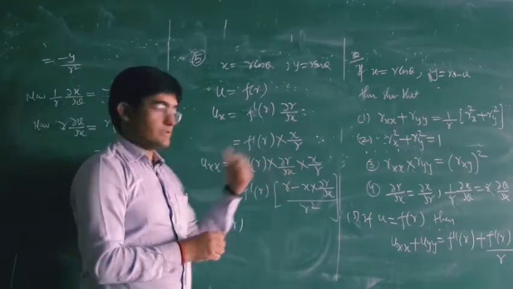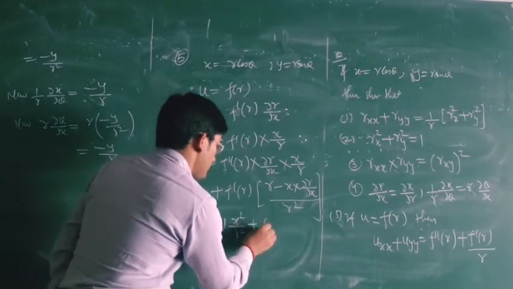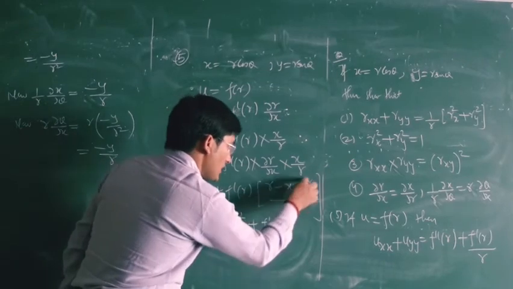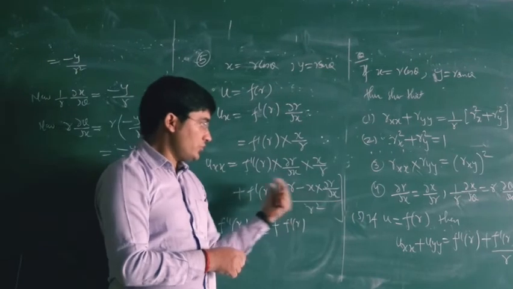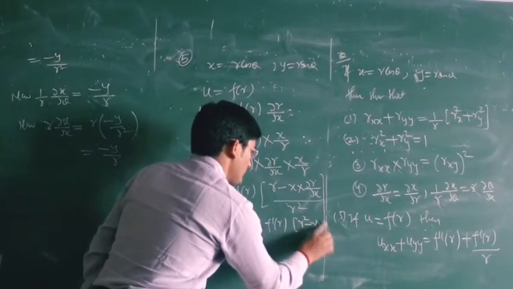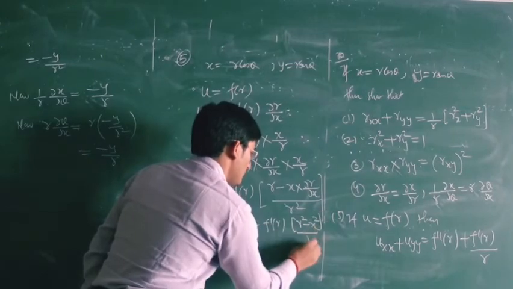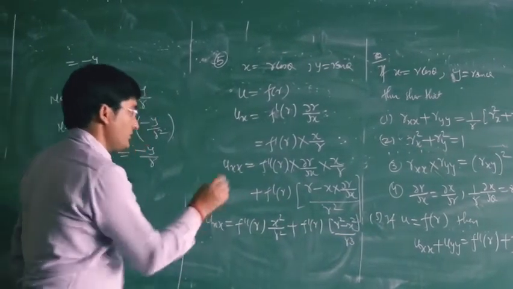Your del r upon del x is x upon r, so we have x square upon r square plus f dash r. Now your del r upon del x is x upon r. If you take LCM, then we will get r square minus x square upon r cube. So this is your uxx.